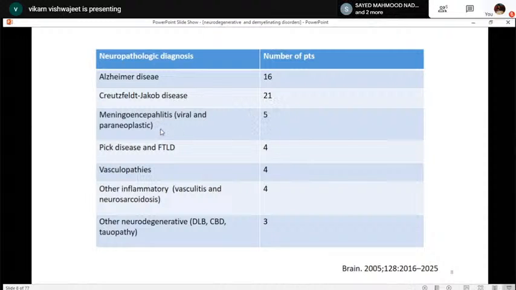Viral and paraneoplastic meningoencephalitis was noted in 5 cases. Pick's disease and frontotemporal lobar degeneration was detected in 4 cases. Vasculopathies were seen in 4 cases, and inflammatory conditions in the form of vasculitis and neurosarcoid in an additional 4 cases. Then dementia with Lewy bodies, corticobasal degeneration, and other tauopathies accounted for 3 cases.